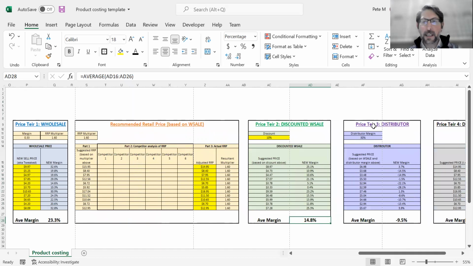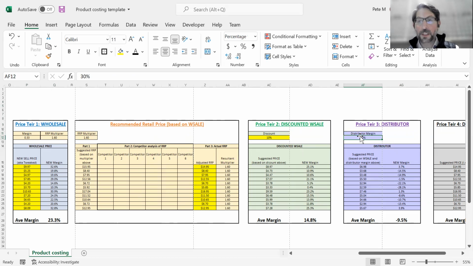The third price tier is distributors. Now, this is a bit of a complex one. If you think about in this first scenario where we're selling it into Coles, the difference here is this distributor wants to obviously make a profit.